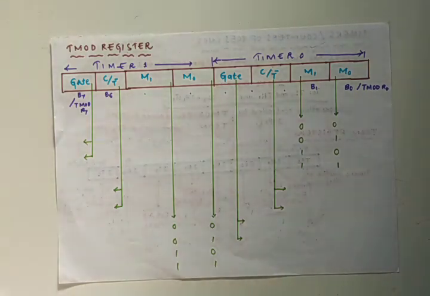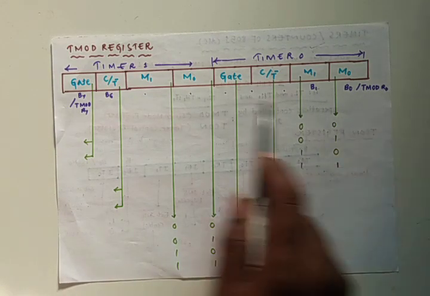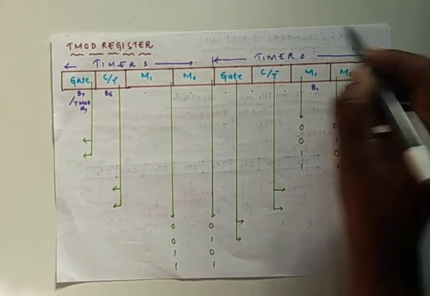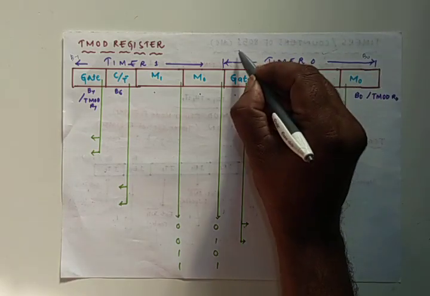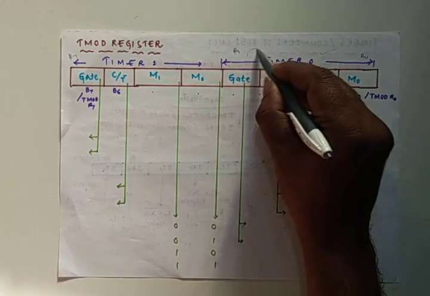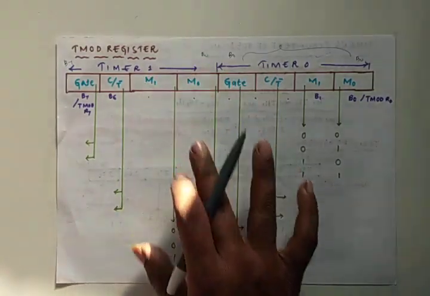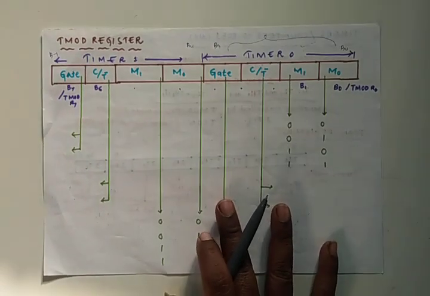That is timer 0. We know that it is an 8-bit register. We can call this B0 and this B7. B0 to B3 is called the lower nibble, and B4 to B7 is called the higher nibble.